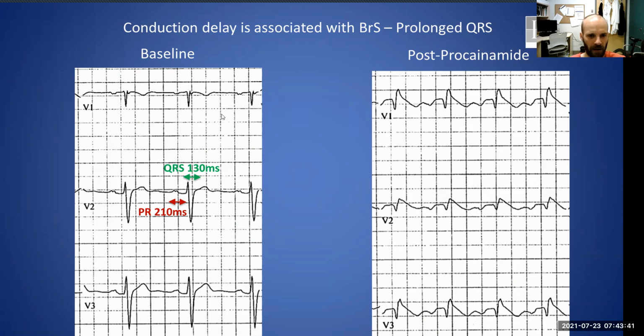So this is someone at baseline who's got a slight first degree AV block, slight interventricular conduction delay. When you give them procainamide, it becomes a clear Brugada pattern there. But these things are also important to pick out when we're looking at these patients and their families.